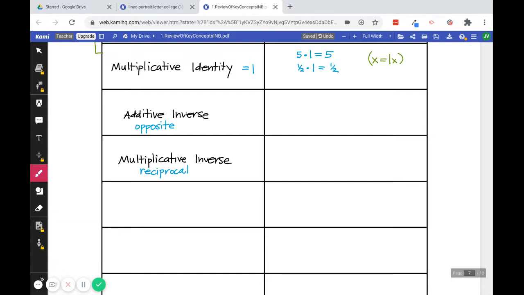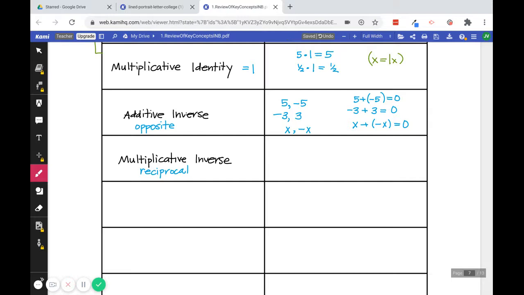Here's how this works. The additive inverse would be like 5 and negative 5, or negative 3 and positive 3, or x and negative x. And the reason these are the inverses of each other is 5 plus negative 5, they cancel out and give 0. Negative 3 plus positive 3 cancels out and gives 0. X plus negative x cancels out and gives 0.